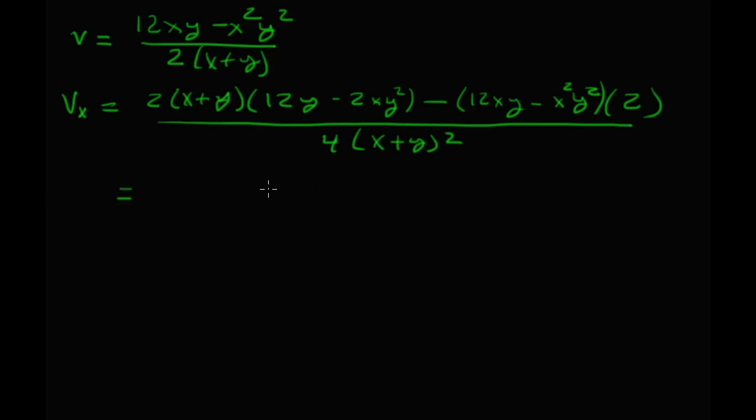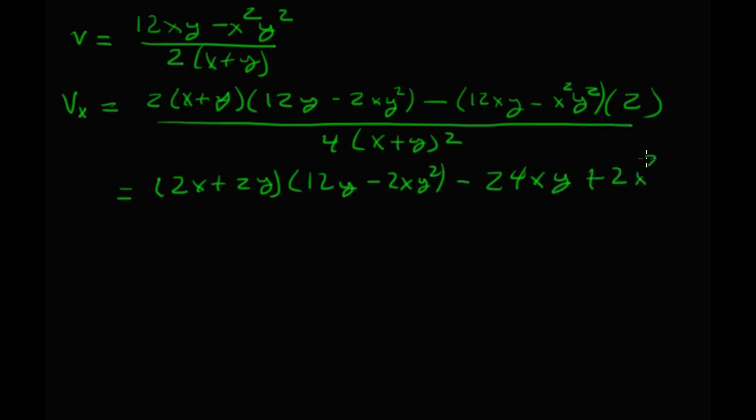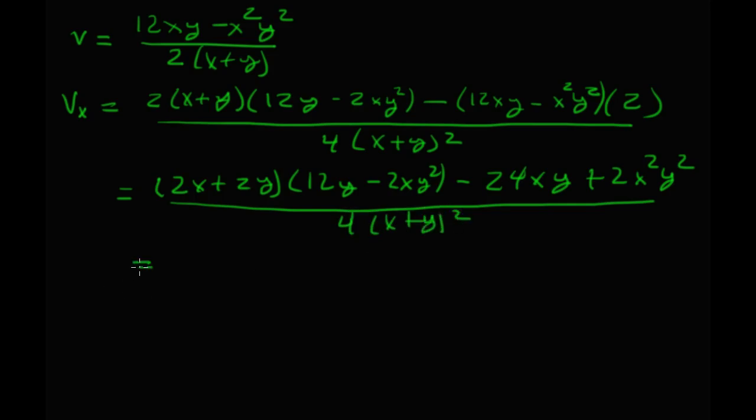So let's see what we can do. Simplifying here, this is going to become (2x plus 2y) times (12y minus 2xy squared) minus, and let's see, this is going to give me 24xy plus 2x squared y squared, all over 4 times the quantity x plus y squared.